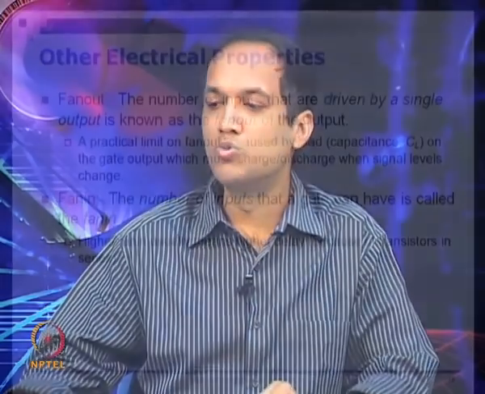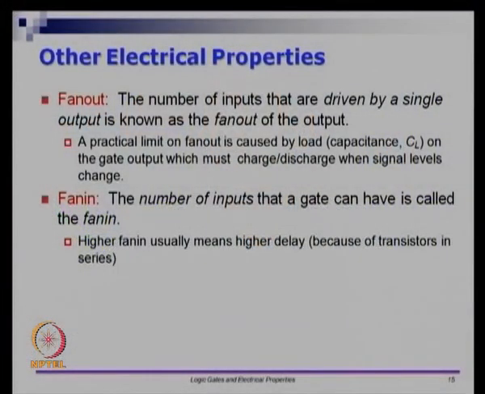Typically higher fan in means the gates have higher delays. There are issues why the gates have higher delays, but typically higher fan in means higher delays. And in terms of fan out, you cannot arbitrarily design a circuit that can drive any load. So the output capacitance or the output load controls how well a circuit behaves. So these are various electrical properties.